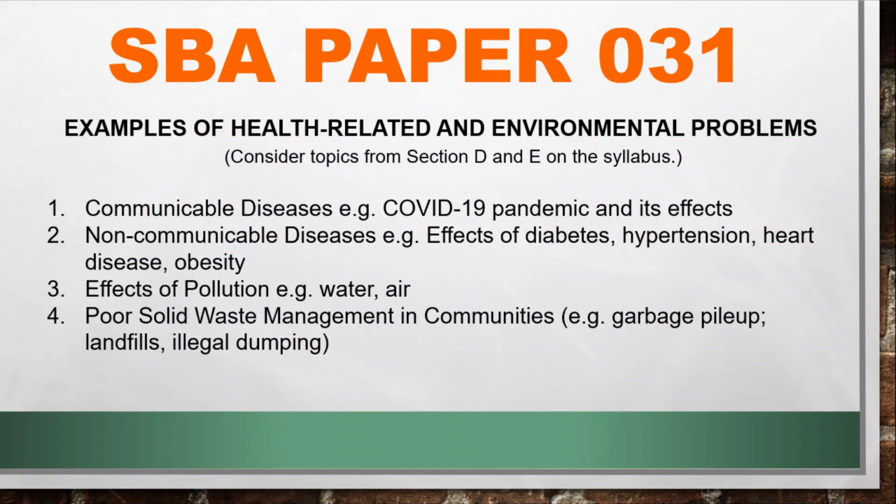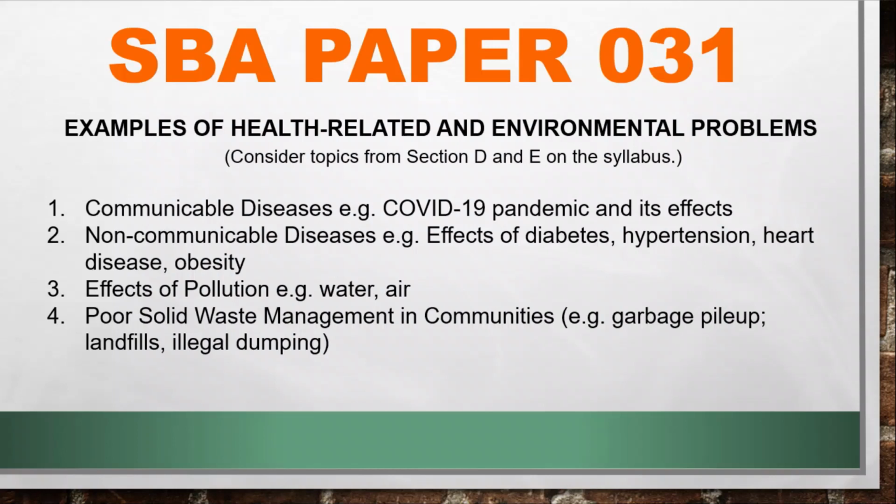So those topics from those two sections would be what you can go through, and then you can decide on a topic that you would like to study, that you would like to conduct the research. And of course, you would have to be approved by your teacher. All of those guidelines would be found within the actual syllabus.